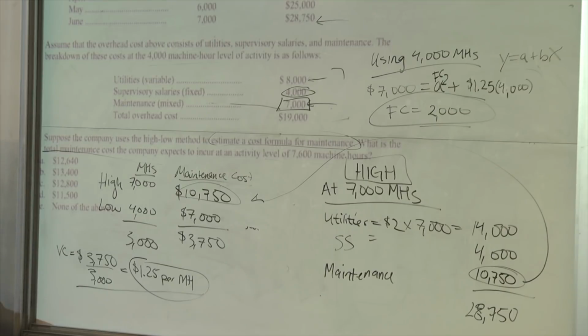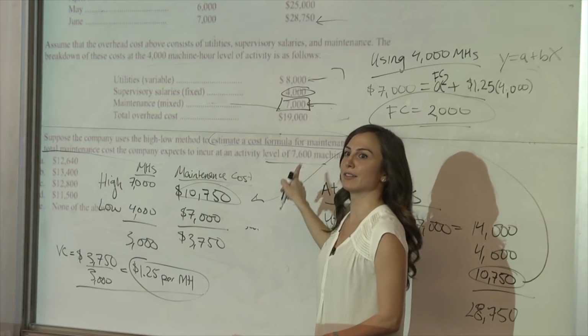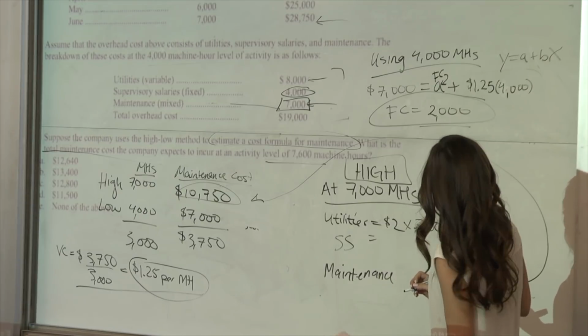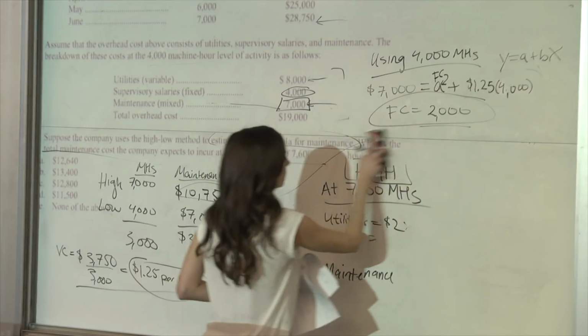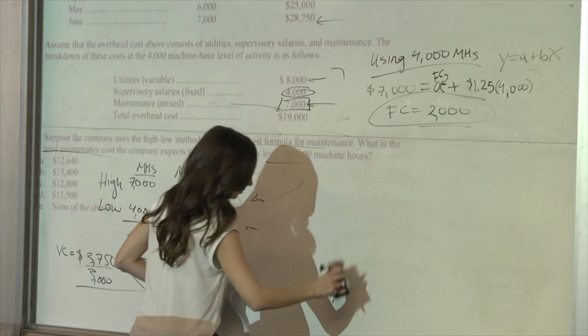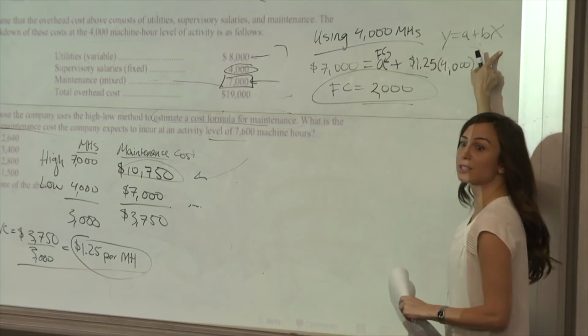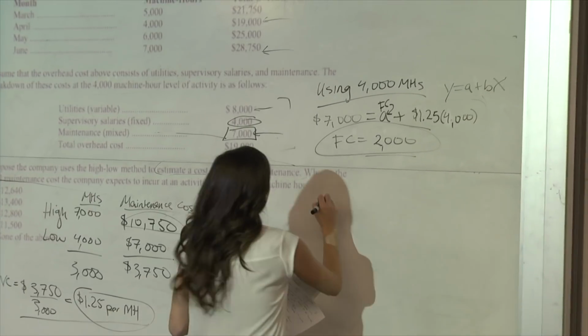Okay, so going back, once we have this information, the whole point here was to figure out the maintenance costs for the 7,600 machine hour case. I don't have room here, so I'm going to get rid of some of this. We're going to use this same y equals a plus bx formula. Whenever we're dealing with mixed costs, we're going to use that.